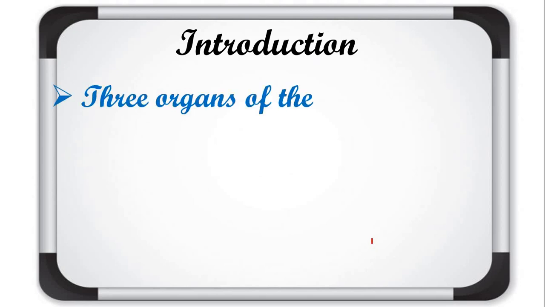Yes friends, first I'll give introduction of the chapter. As we know that there are three organs of our government, and about these organs we have studied in our previous chapters also. So what are three organs of the government?